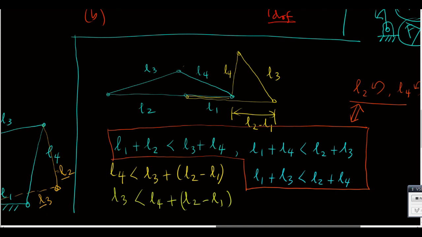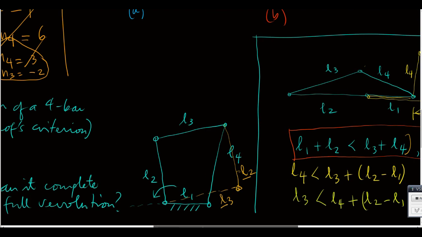So when I exchange L3 and L2, you see over here, I get this one, and if I exchange L3 and L2, I get this one. If I exchange L3 and L2 here, nothing changes. And so with the same inequalities, I am able to guarantee that this link will go around this link.